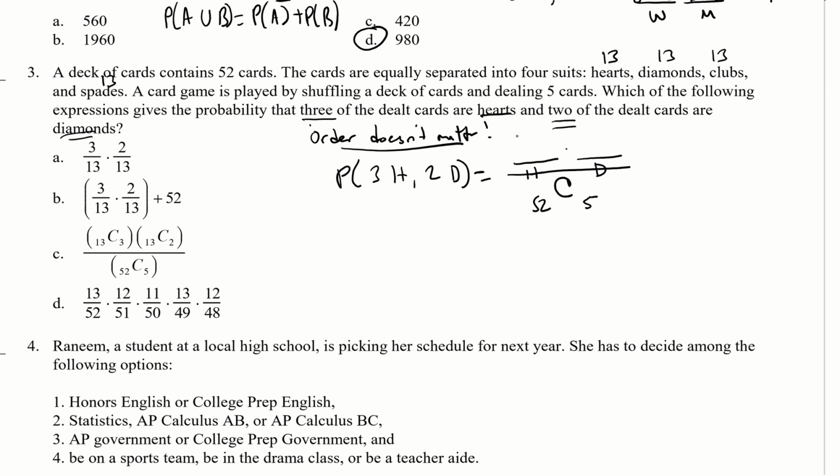So we got 13 hearts and we're choosing 3 of them. And then we got 13 diamonds, and we're choosing 2 of them. So we got 13 choose 3, 13 choose 2, and then multiply those to get the total number of ways to do that. So the answer is C here.